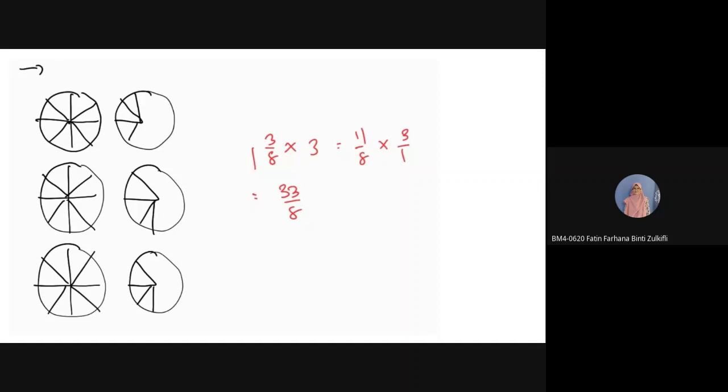So 1 3 over 8 multiplied by 3, we get 11 over 8 multiplied by 3 over 1, so we get 33 over 8.